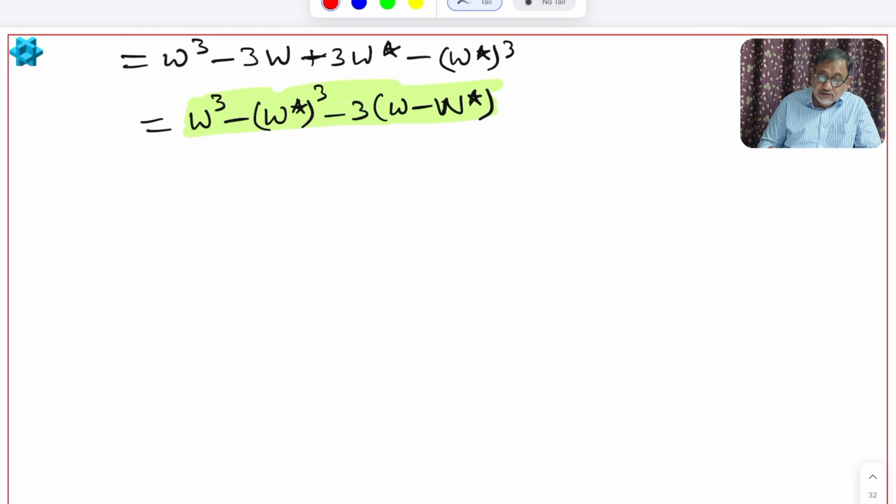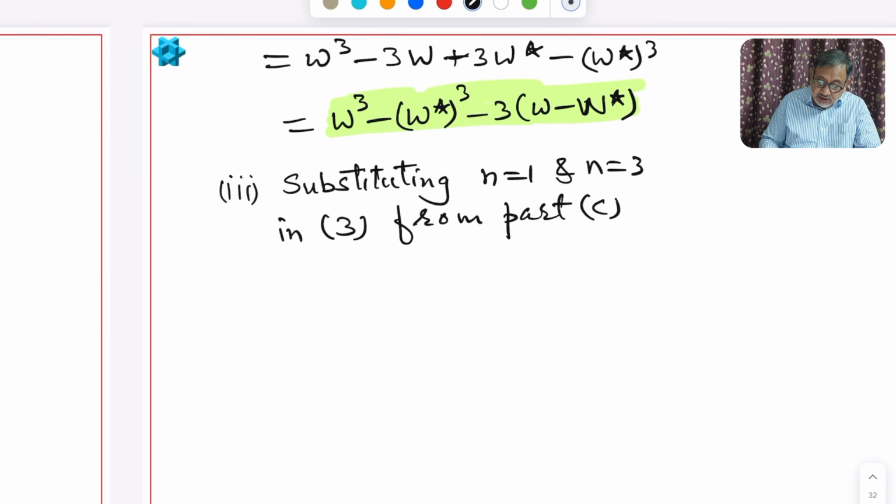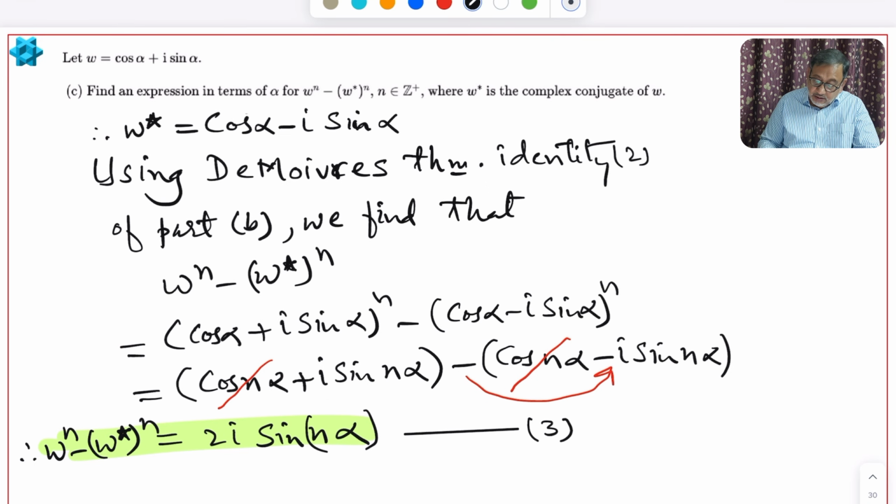Now this is number 3, substituting n is equal to 1 and n is equal to 3. In 3, we have the third part from part C. Let me see here part C. Yeah, this is the result we have here, right?